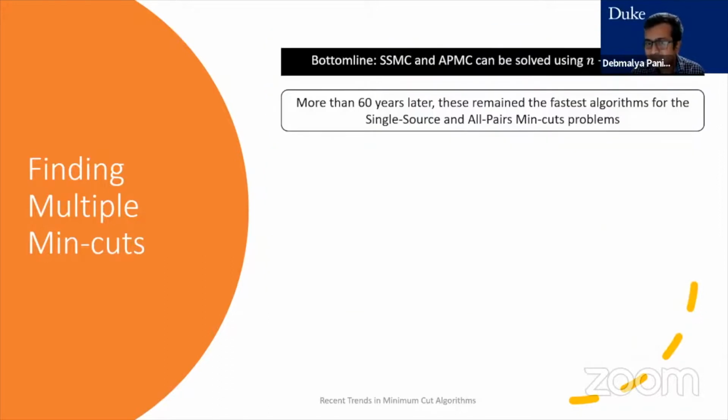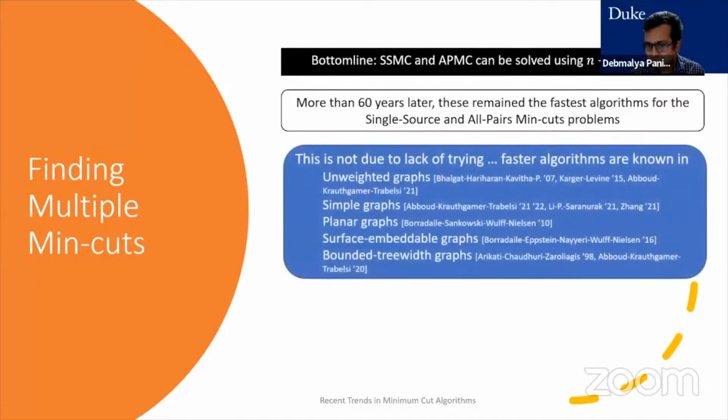Now, the surprising thing is, more than 60 years after Gomory and Hu's work, these remained the fastest algorithms for these two problems. For both the single source min cuts problem and the all pairs min cuts problem, we had no better algorithms. And this certainly was not due to lack of trying.